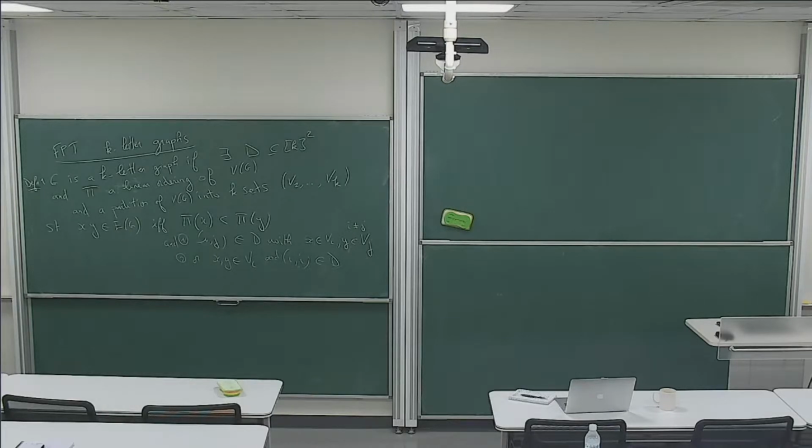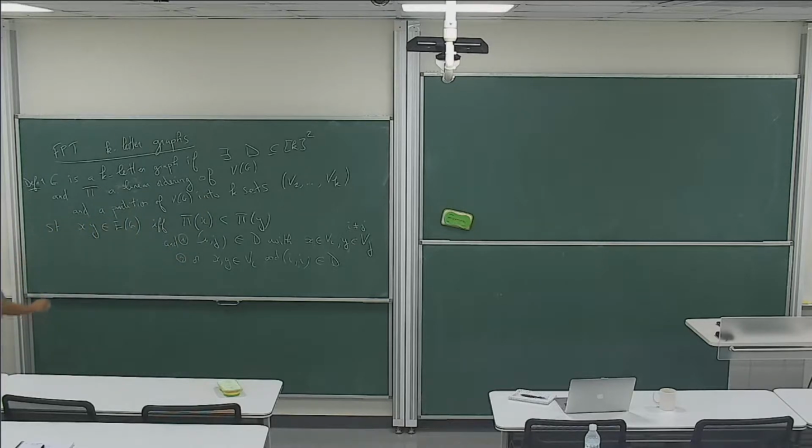Pi is a linear ordering, so pi of X, pi of Y, but then they're equal. It's not linear, so I have a partition and then a linear ordering. Then from this linear ordering, I'm asking what are the edges.